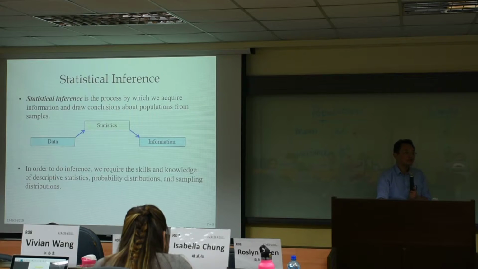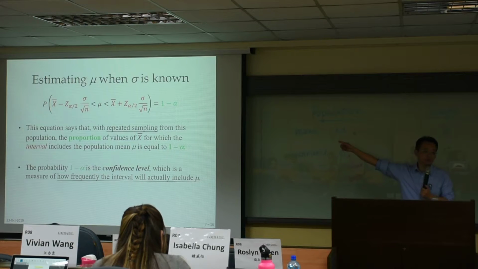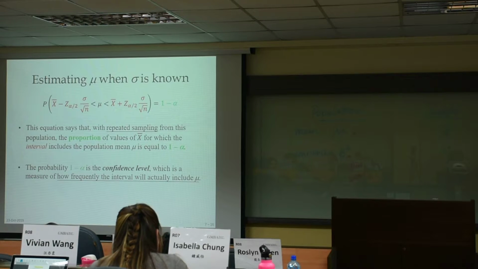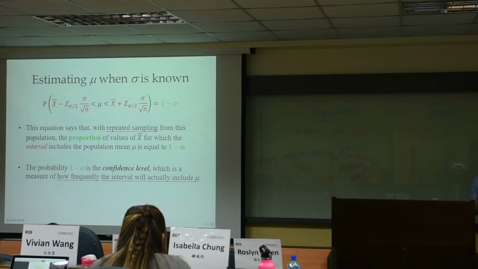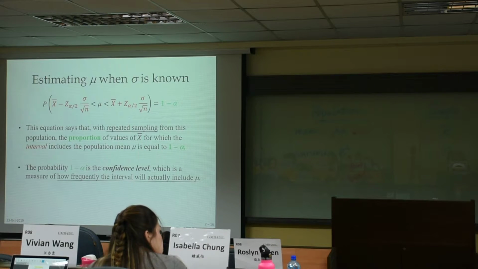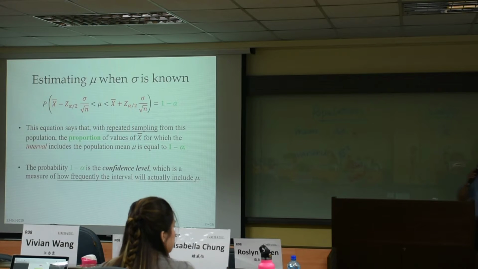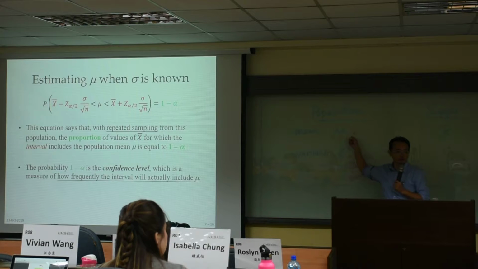Since population parameters are fixed, what does such an interval mean? The interval will either include the population parameter or not. It's a yes/no outcome, right? I pick a sample, I calculate a sample mean, x bar, and I create an interval like this. Either this interval includes the unknown but fixed population mean, or it does not. But I have no idea, because mu is unknown.